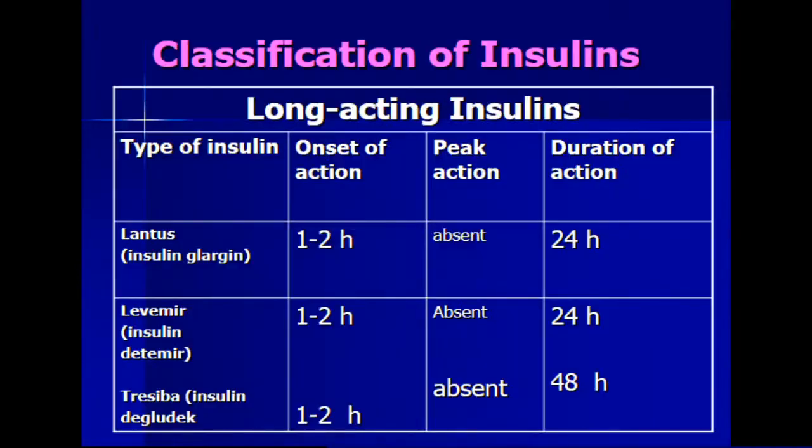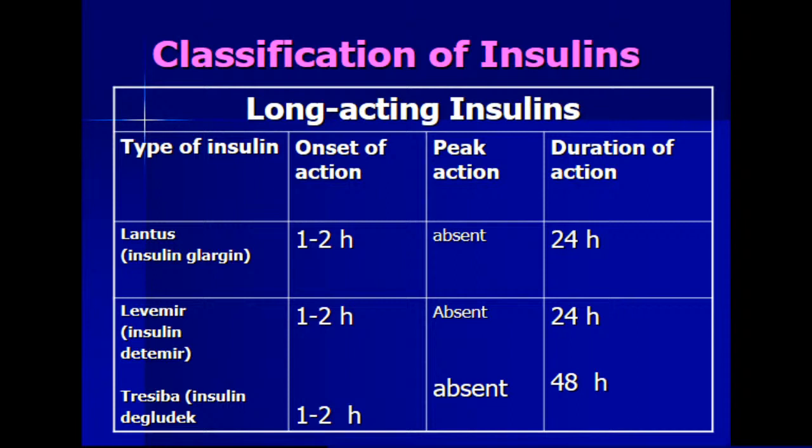And the last group, long-acting insulins: Lantus or insulin glargine, Levemir, international name Detemir, and Tresiba, insulin degludec.